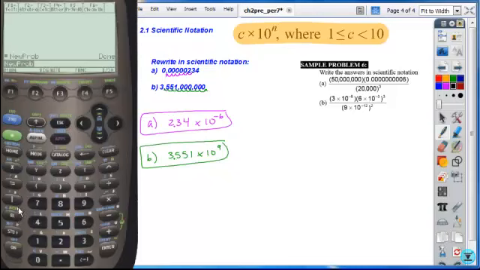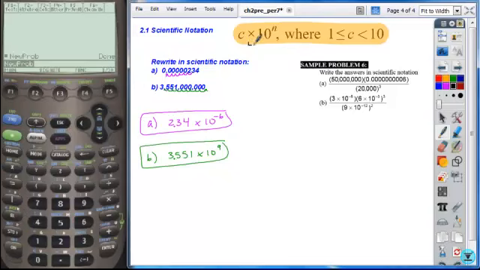The button on your calculator that represents this whole portion, times 10 to the power of, is the EE button. It's right next to the 4. If you wanted to type in the answer to part A in scientific notation, you would type 2.34 and then hit the EE button.